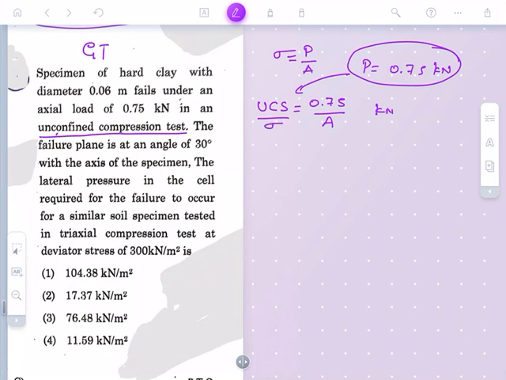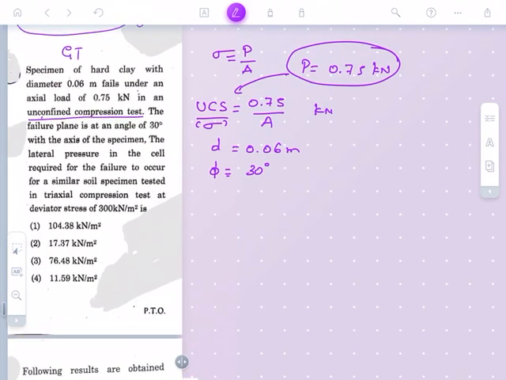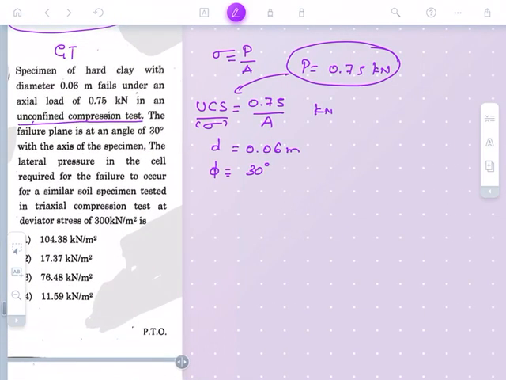You can also write it as sigma. Then the diameter is 0.06 meters. The failure angle is 30 degrees with the axis of the specimen.